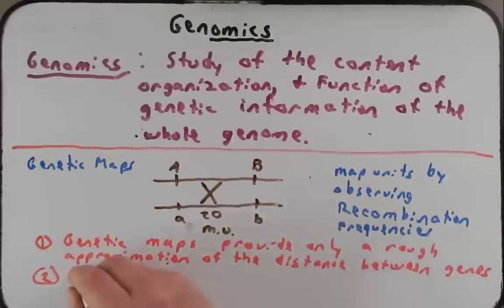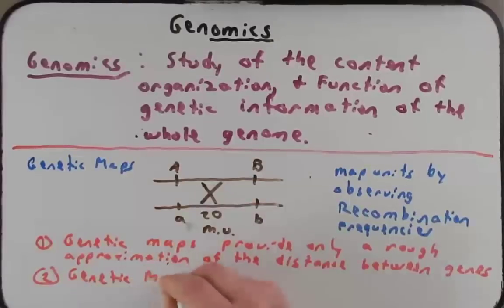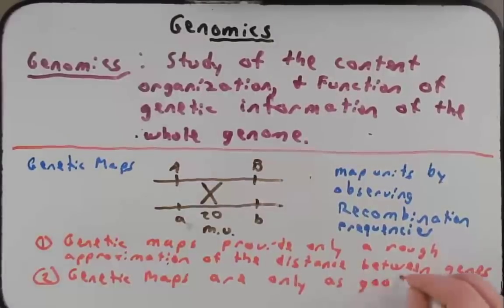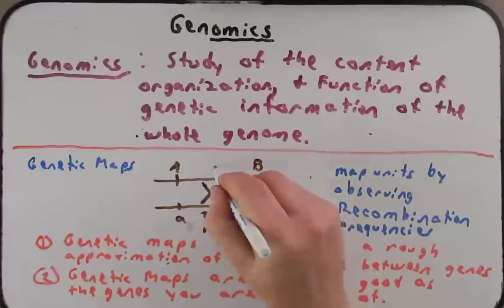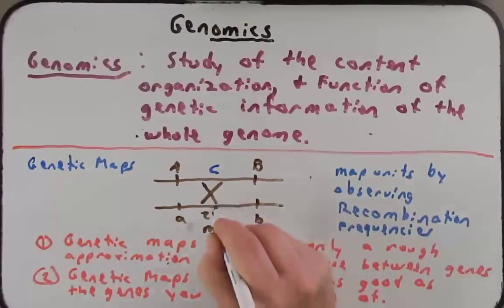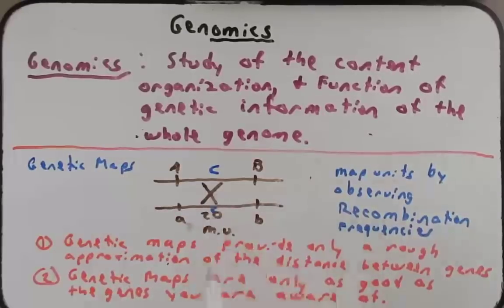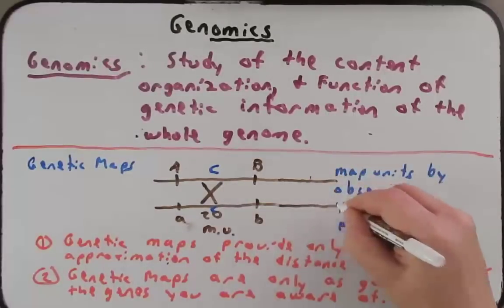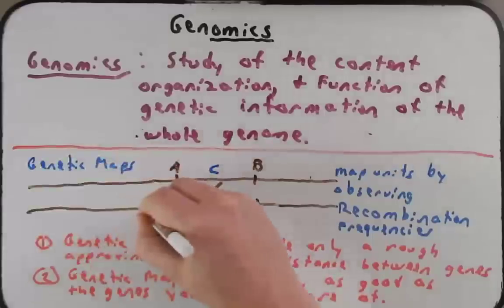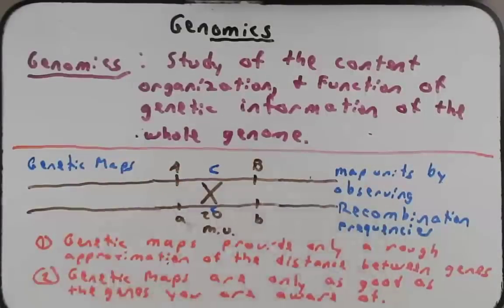The other problem is that genetic maps are only as good as the genes you are aware of. For instance, there may be a gene C here, and maybe for whatever reason we never knew about this gene C, and so we never picked it up. Or, more importantly, remember that most of our genomes in humans and in other organisms is made up of non-coding DNA.